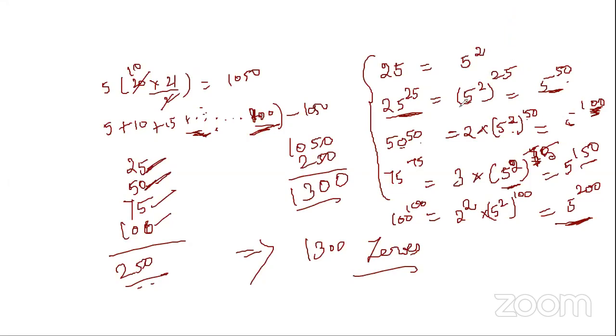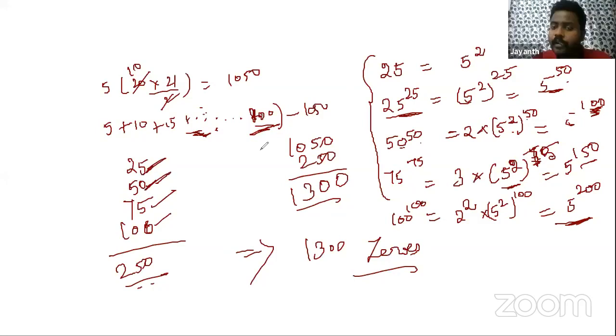Yes, sir. Okay, that is why we are adding 250. Why? Because in multiples of 5 you have only one 5. But in multiples of 25 you will have two 5s, because 25 is nothing but 5 square. So in all multiples of 25 you will have two 5s.